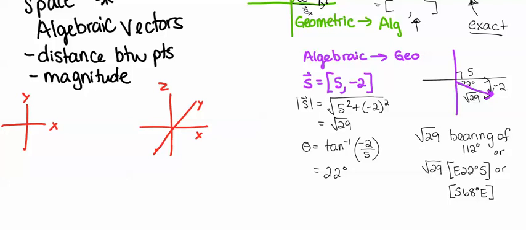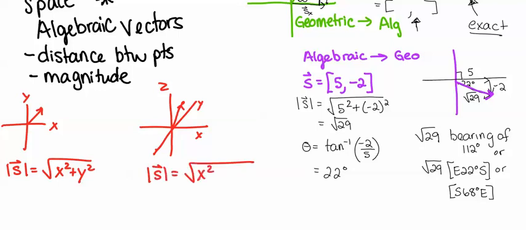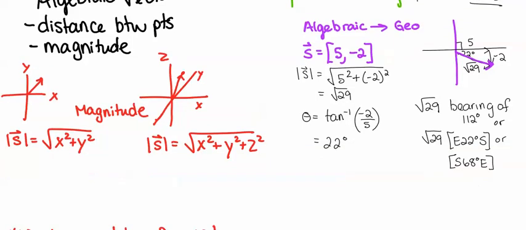So you need to know how to find the magnitude of a vector in 2 space and in 3 space. For magnitude of a vector, we just use Pythagorean theorem, x squared plus y squared, and then in 3 space, we're just adding in a z component. So that's magnitude of vectors in 2 and 3 space, which you should be able to do.